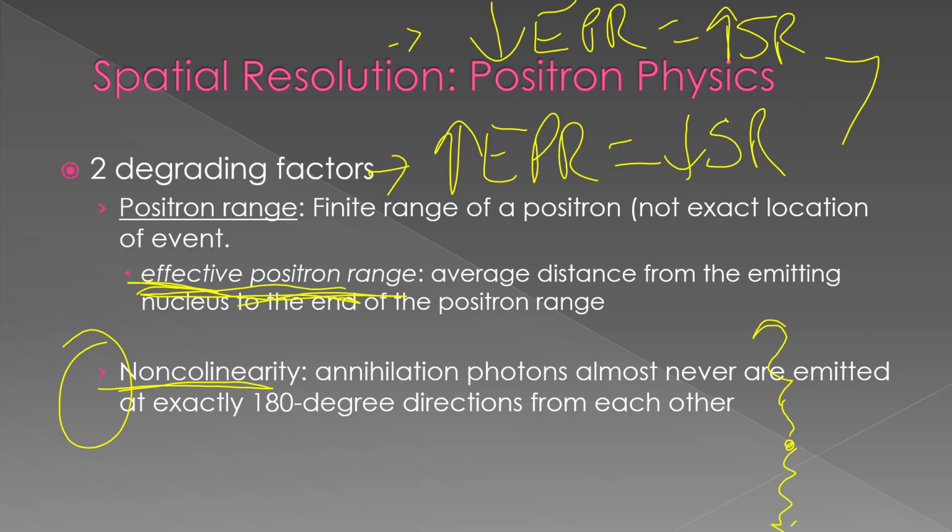And so judging on where they hit, they might be at a different part of their wavelength when they actually hit the detectors. And so they're never going to be exactly 180. We call that non-collinearity because they're not exactly opposite of each other. Plus, by the time they go through the patient and strike the detector, a lot of times they're not quite in line with their original origin anyway.